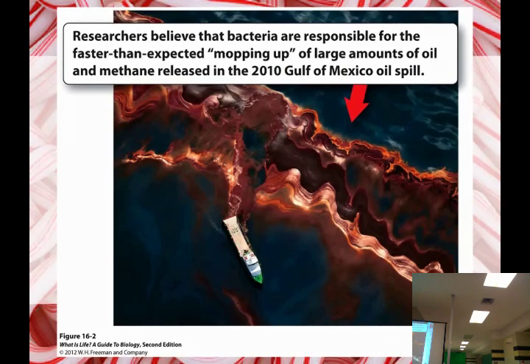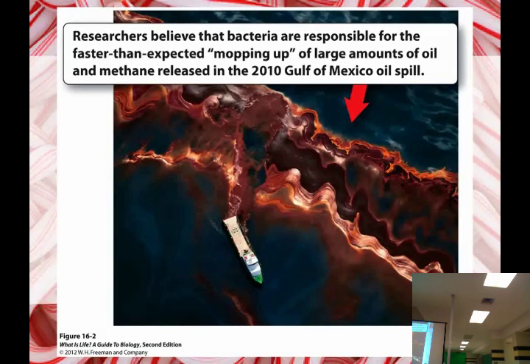So researchers also believe that there is a bacteria that is responsible for the faster than expected mopping up of large amounts of oil. So the most recent oil spill that you may have heard of was, what was the name of the one that just happened in the bottom of the ocean where the cap came off of the oil well? Yes, the BP oil spill.